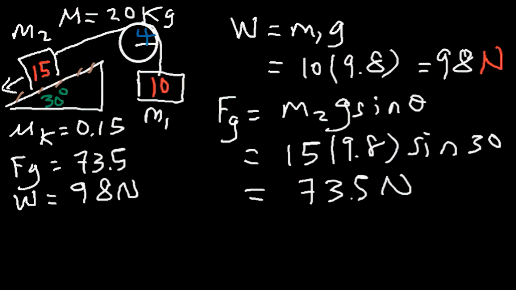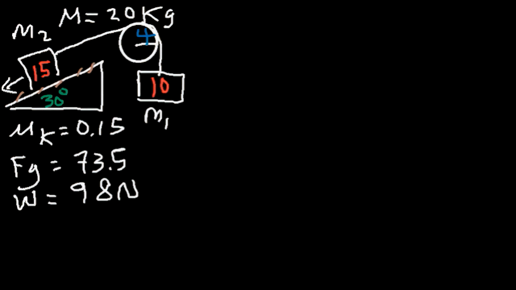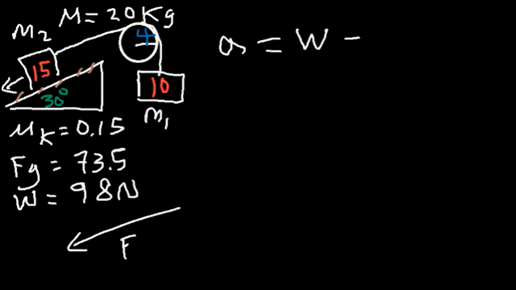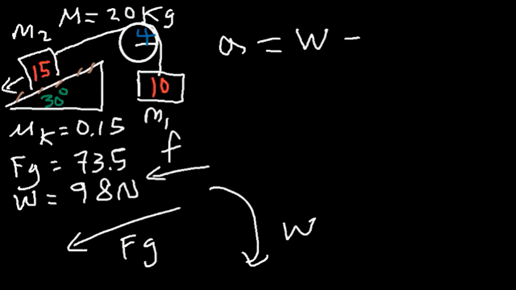So now we can find the acceleration now that we know what direction the system is going to travel towards. So the acceleration is going to be the forces that accelerate it in the direction of motion, which is the weight force, minus the forces that oppose motion, which is Fg. It opposes the motion of the weight force, and also the frictional force opposes it.